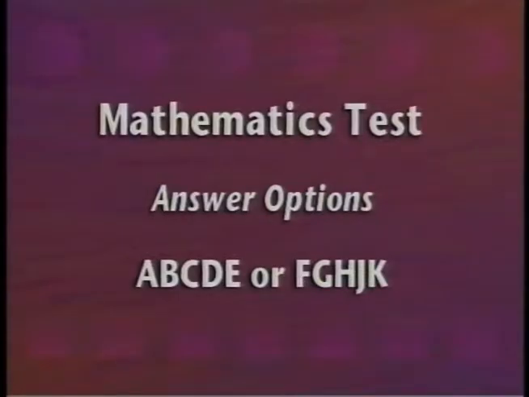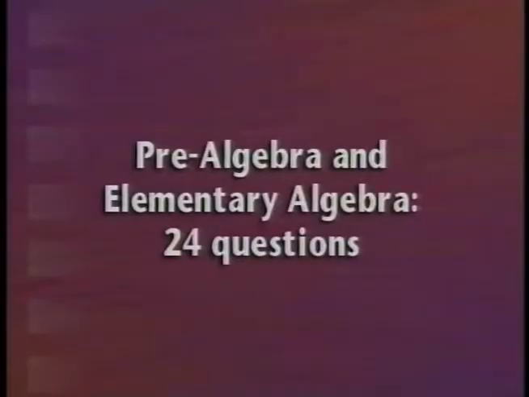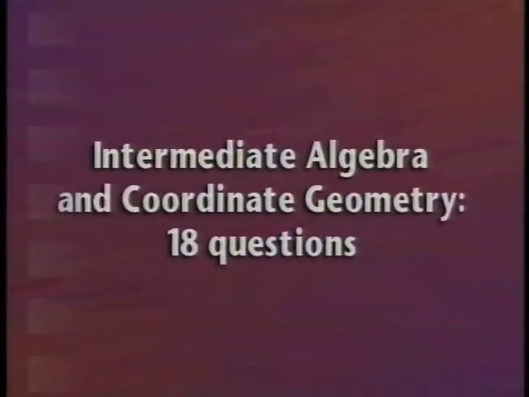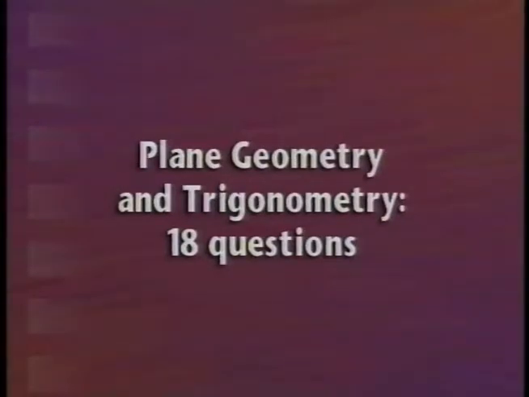The answer options are marked as either A, B, C, D, E, or F, G, H, J, K. The 60 questions test mathematical knowledge in 3 major categories: pre-algebra and elementary algebra, with 24 questions; intermediate algebra and coordinate geometry, with 18 questions; and plane geometry and trigonometry, with 18 questions.